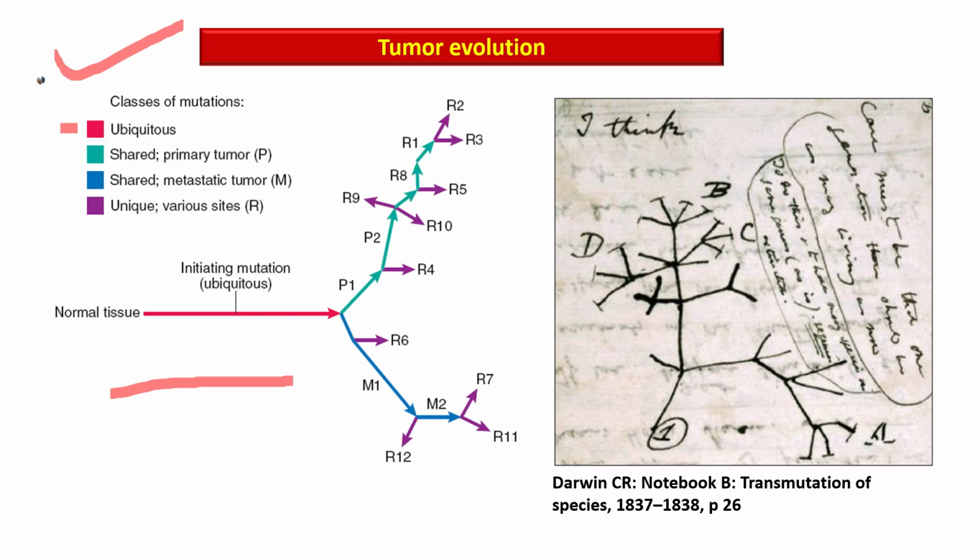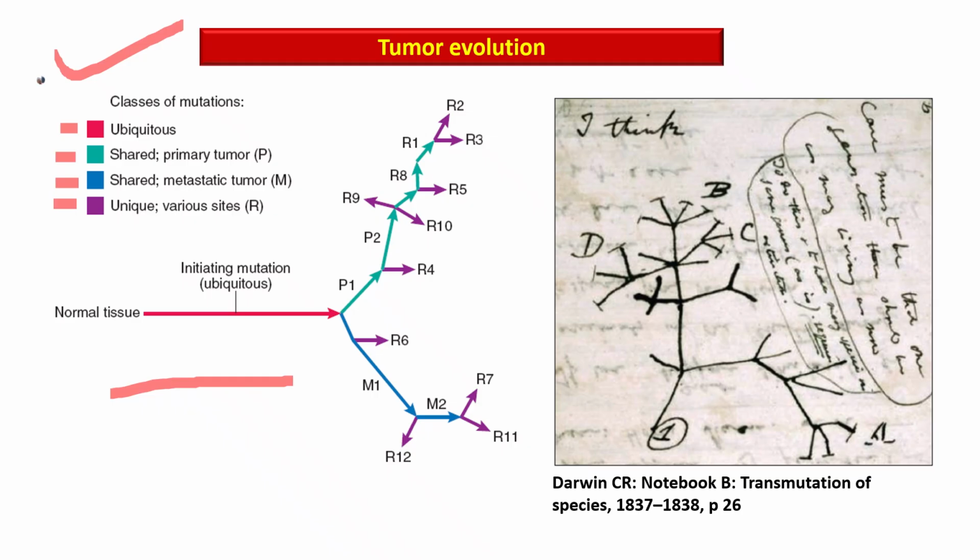Then the primary tumor shared mutations, this teal color, represent multiple regions of the primary tumor. Then metastatic tumor shared mutations, blue in color, are shared among metastatic sites. Then unique mutations are coded as purple. These are specific to individual tumor regions and represent the most recent subclonal evolution.